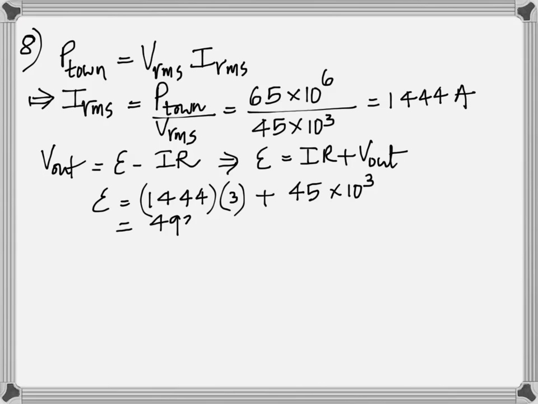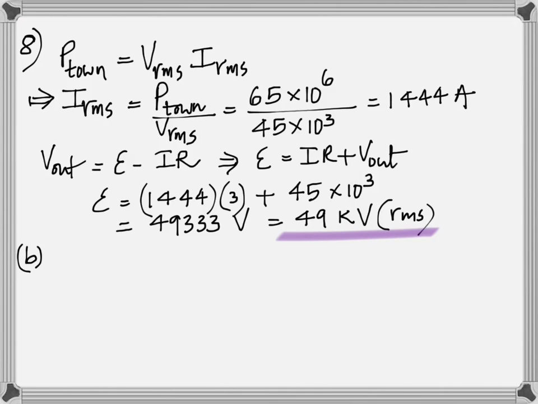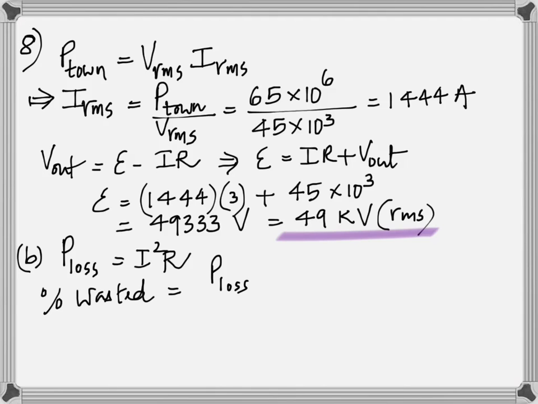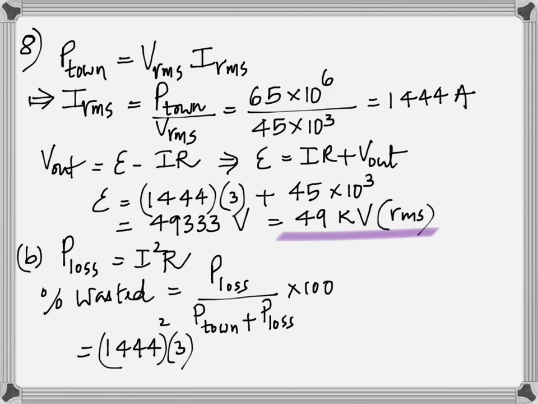Since we know the RMS is 1444 times 3, that's IR plus out. So you get the output voltage, and the loss is always I squared R, because that's the heat produced. And the percentage wasted is how much is lost divided by the total. And the total would be what reaches the town plus the loss.